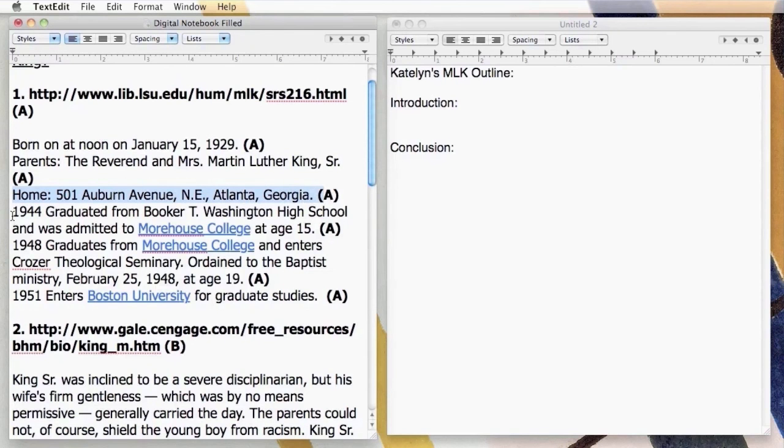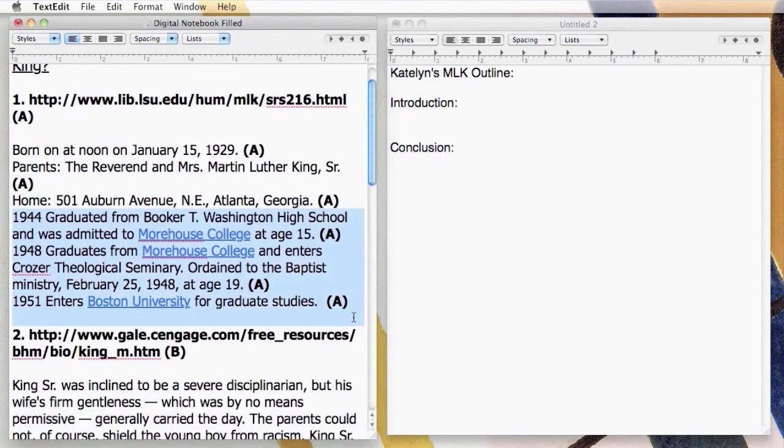But the next 3 quotes here are about where he went to school and where he graduated. Like here, 1944 graduated from Booker T. Washington High School, and in 1948 graduates from Morehouse College.